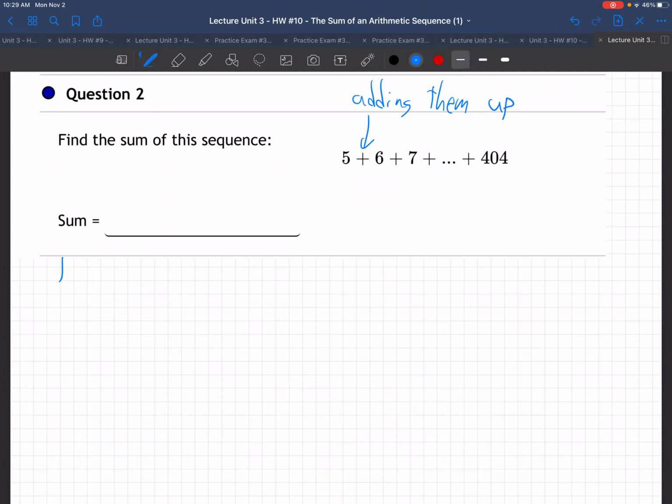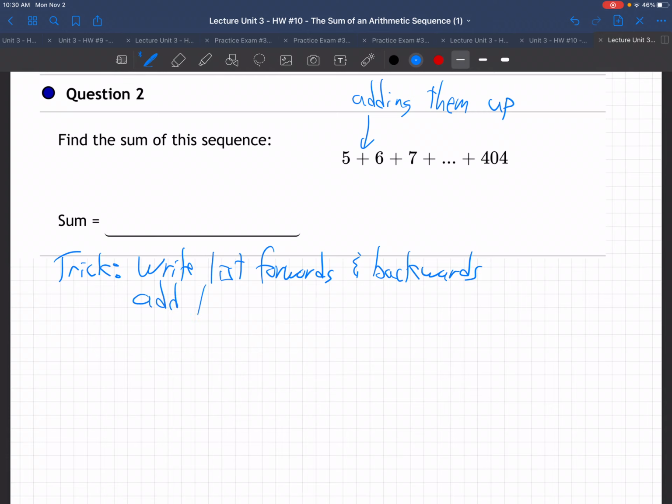So here's the trick that we use. The trick is you write the list forwards and backwards, add them up.